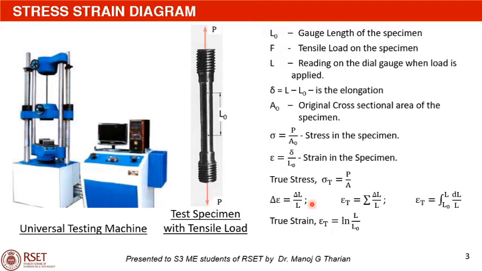If we plot the stress strain curve taking the true strain along the x-axis and the true stress sigma T along the y-axis, the curve obtained is called the true stress strain curve.